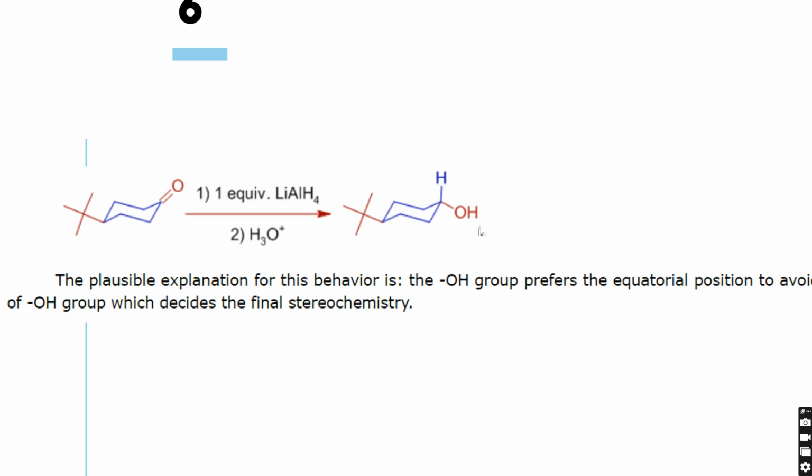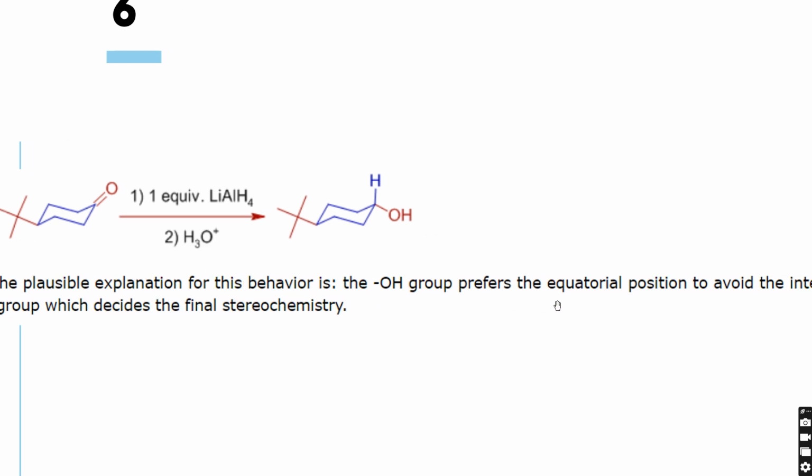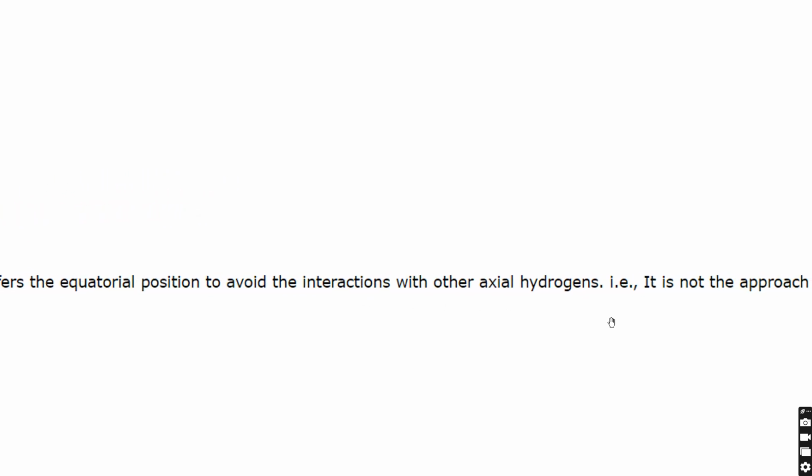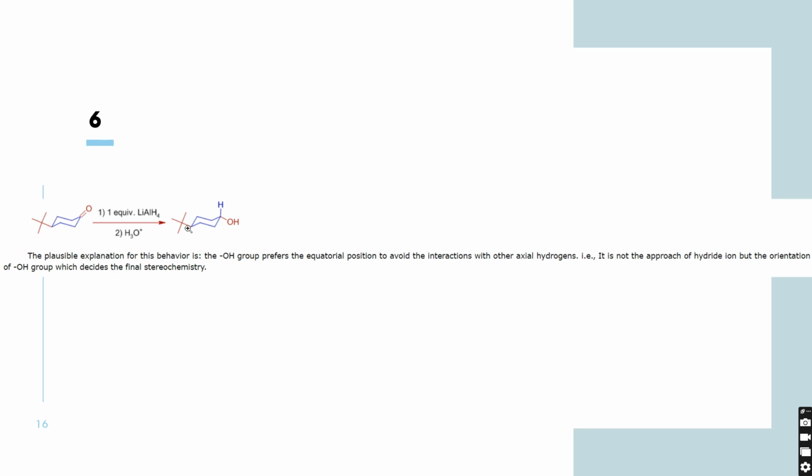Why is it so? The plausible explanation for this behavior is that the hydroxy group prefers the equatorial position to avoid interactions with other axial hydrogens. This explanation comes from the 1,3 diaxial interaction of common cyclohexane structures. If you place your hydroxy group in the axial position, it is going to experience 1,3 diaxial interaction with your axial hydrogens.